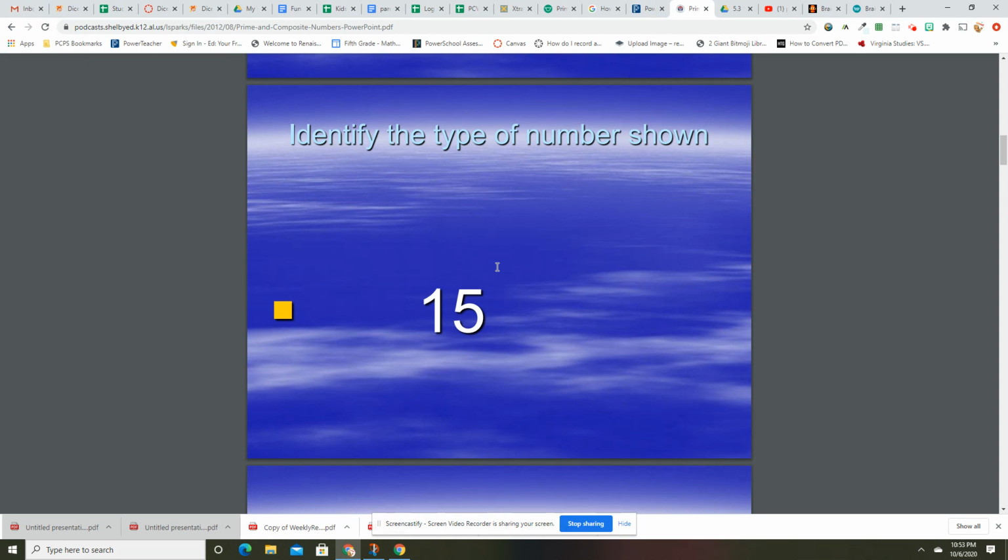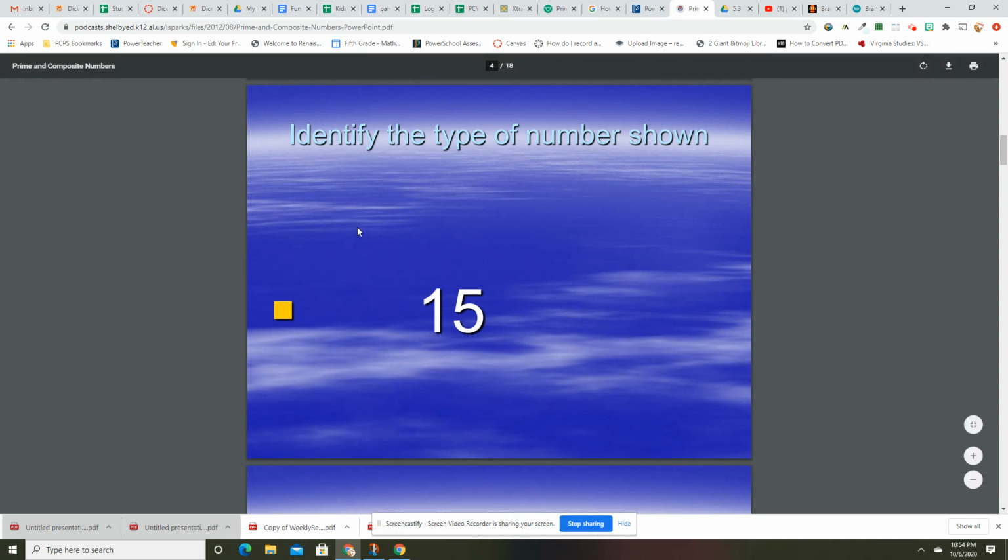Say it one more time: all even numbers but 2 are composite. 2 is prime.